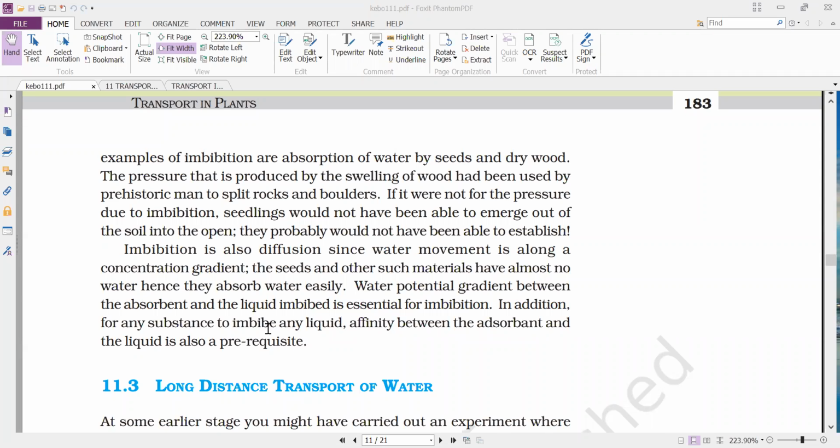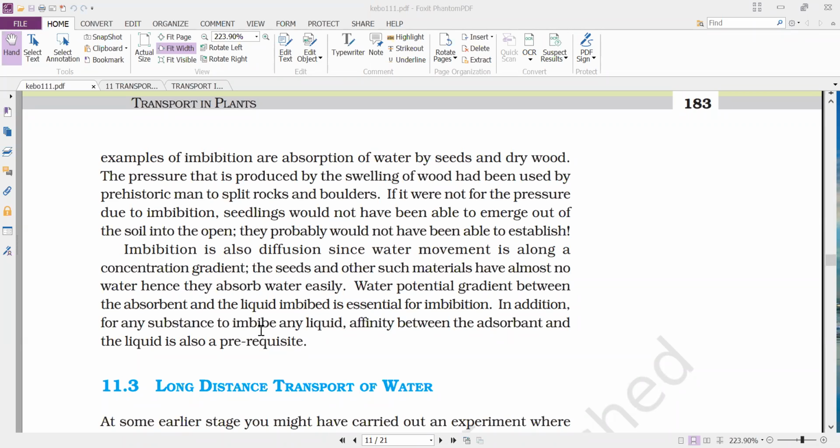For any substance to imbibe any liquid, the water potential gradient is very, very important, and along with that, the affinity between the adsorbent and the liquid imbibed should be there. Then only it can tightly bind the adsorbent molecule and the water molecule.